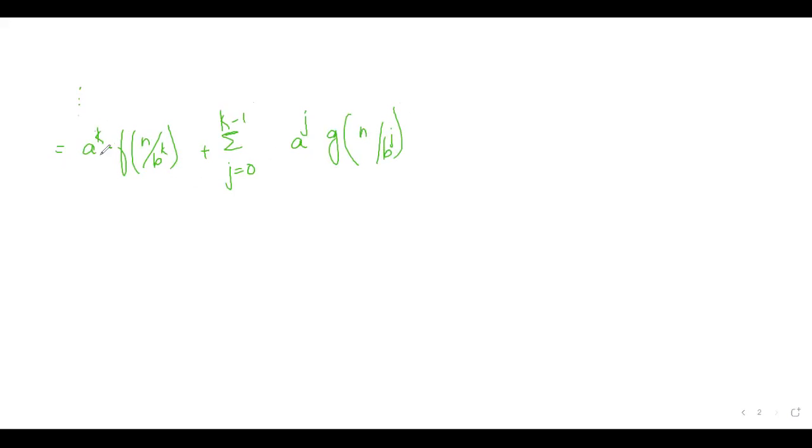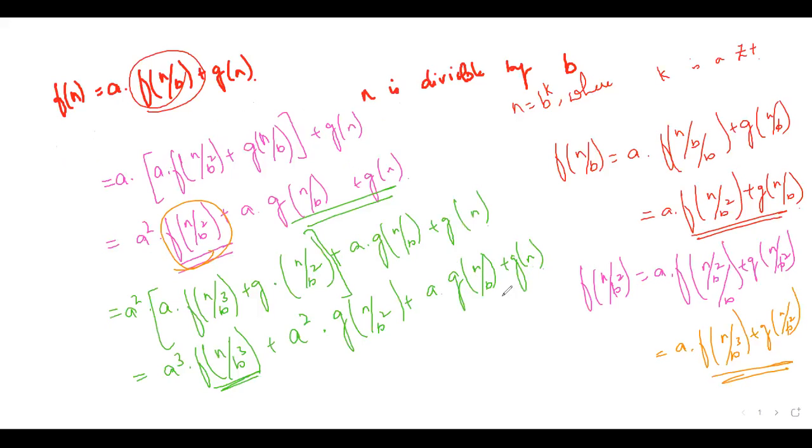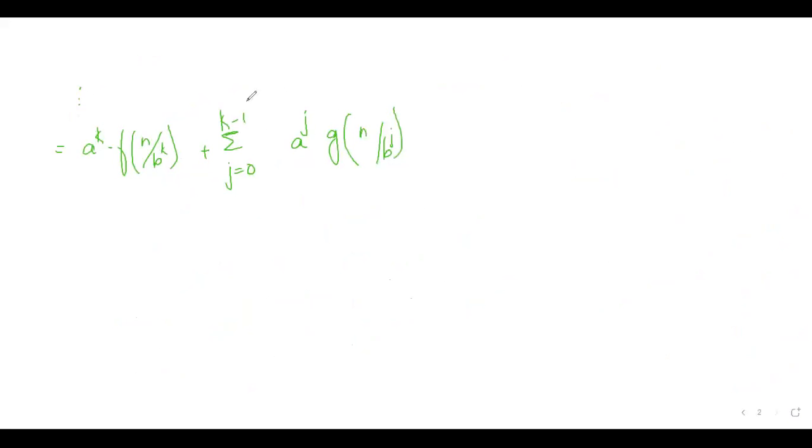This means that whenever we are multiplying, a power k into f of n by b power k will be the first term. After that, from g of n, a into g of n by b, a square into g of n by b square, we will have this till we reach k minus 1. That is, here we will have a power k. When we are substituting the values in this, we will have terms till k minus 1.